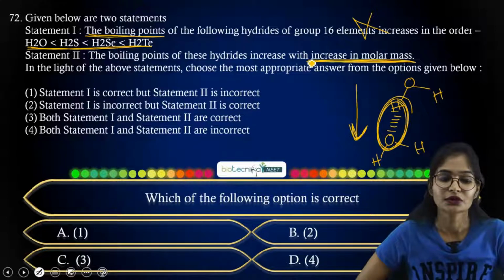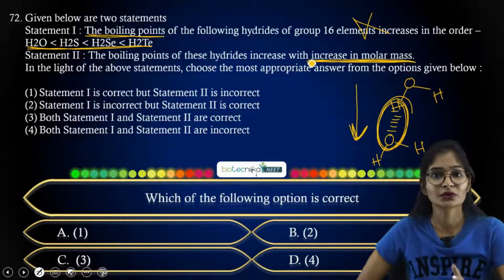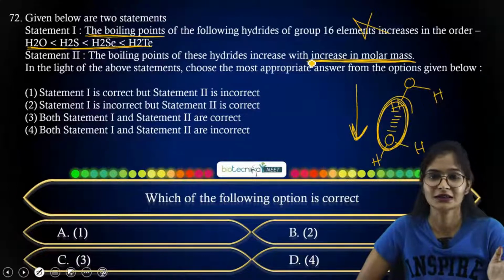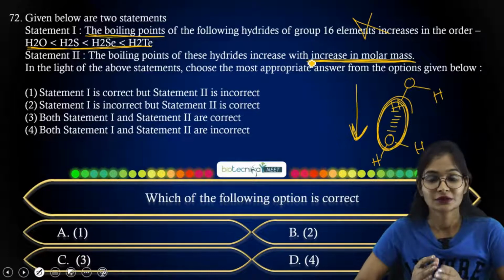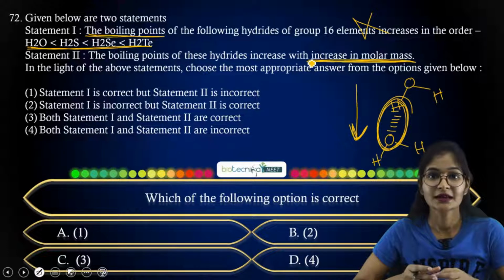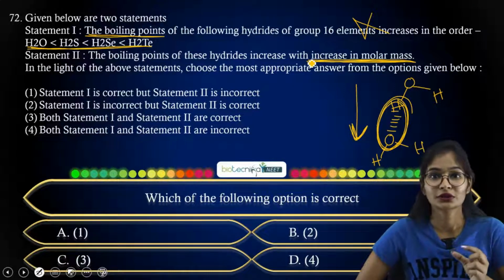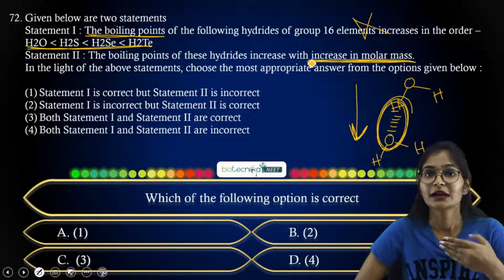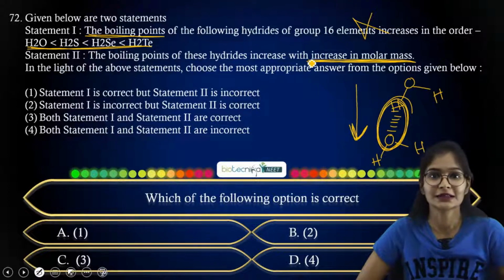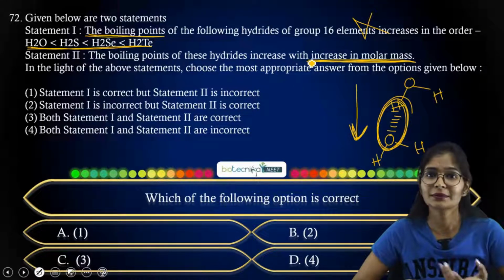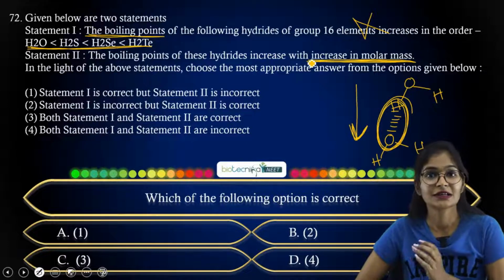Overall, when the atomic size and the molecular mass increase going down the group, the melting and boiling points of hydrides of groups 14, 15, 16, and 17 increase.